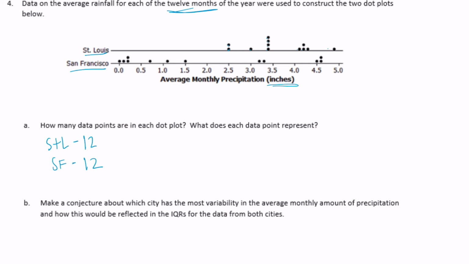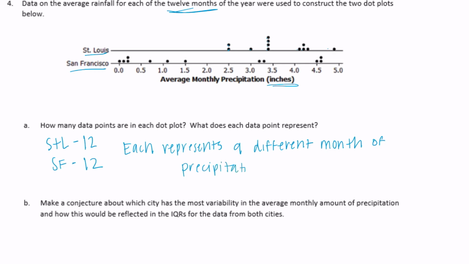Each one would represent a different month of precipitation in inches.